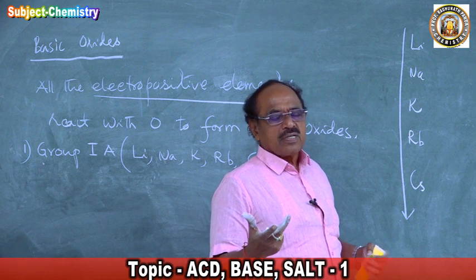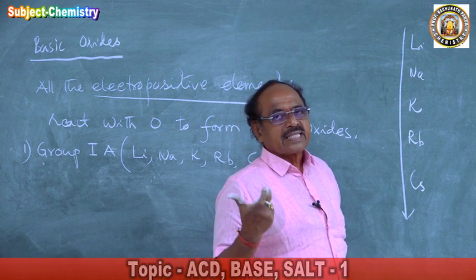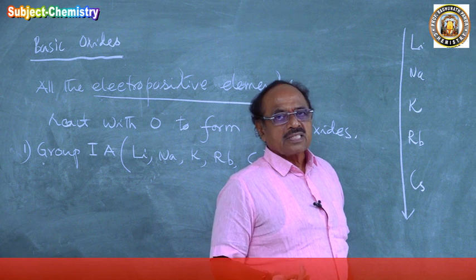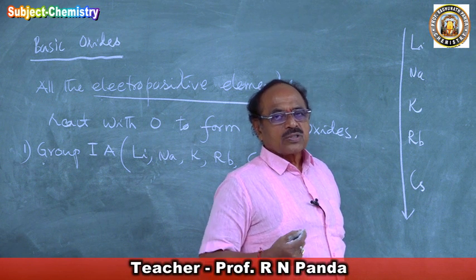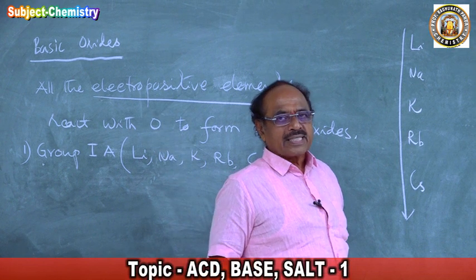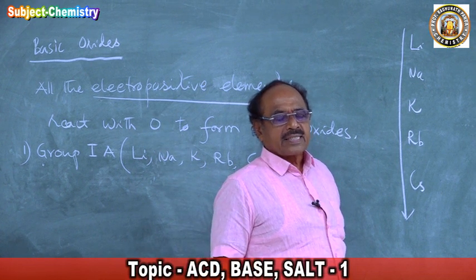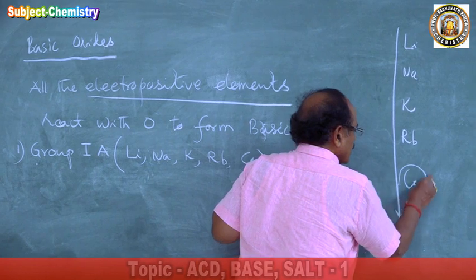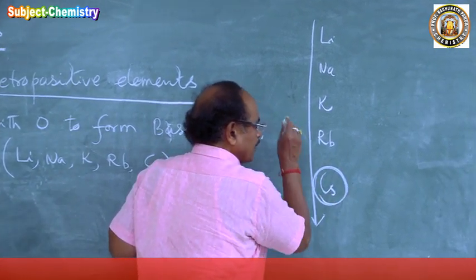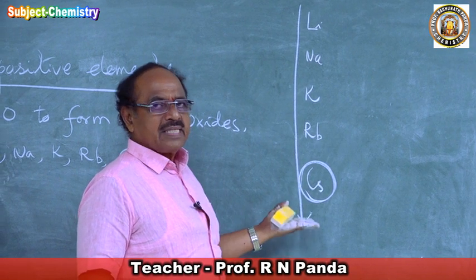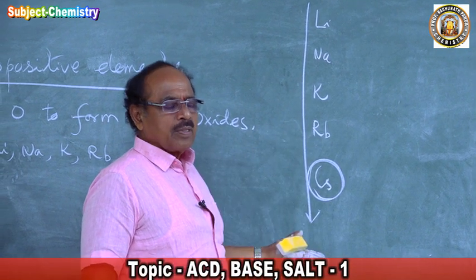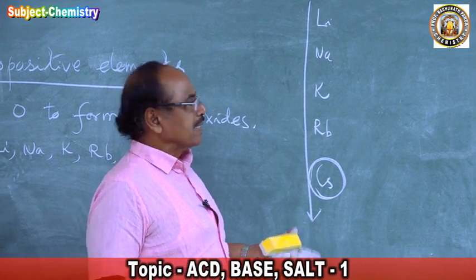The size of the atom is increasing, the number of shells is increasing, and the shielding effect is increasing. So the tendency to lose electrons increases, and cesium is the most electropositive element of the periodic table. In any group, going down the group, the electropositive character increases.